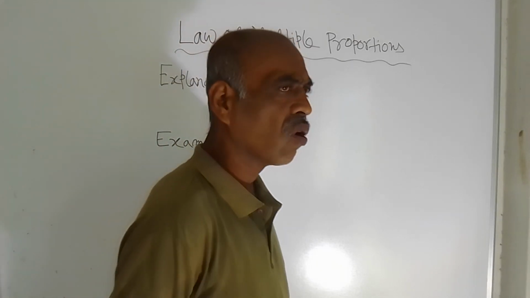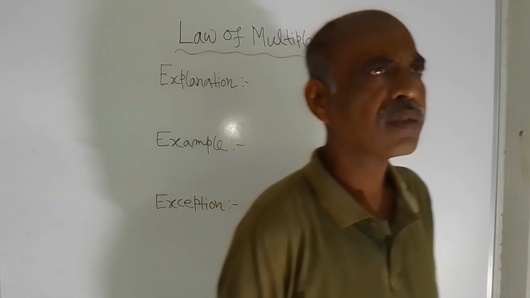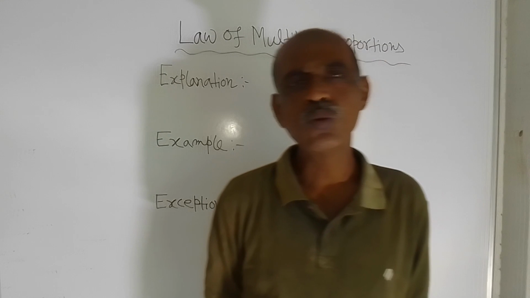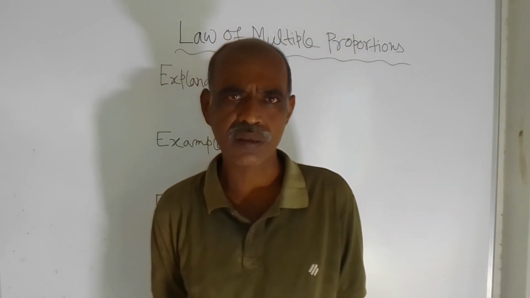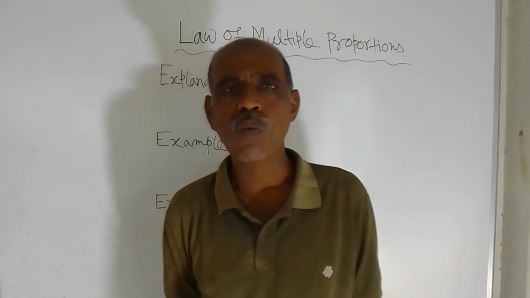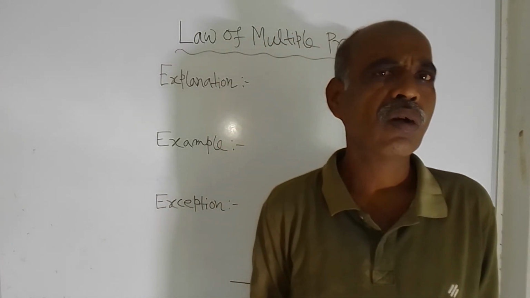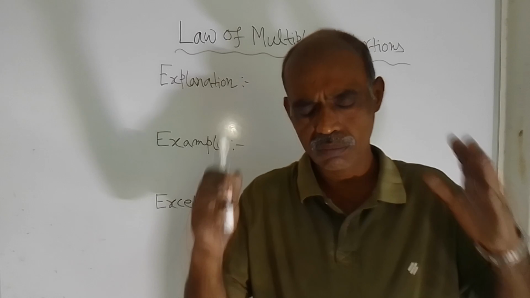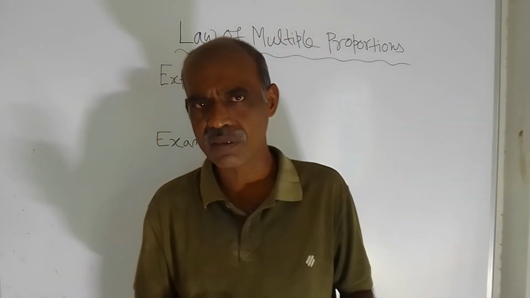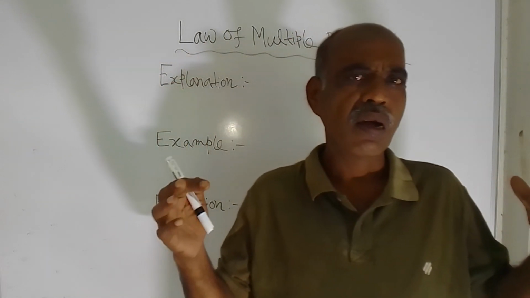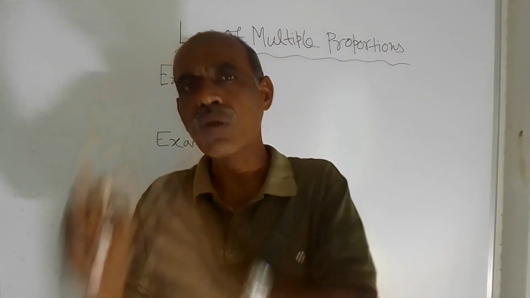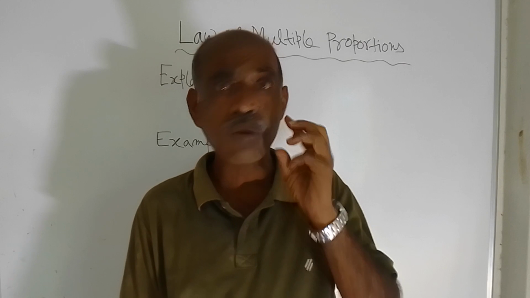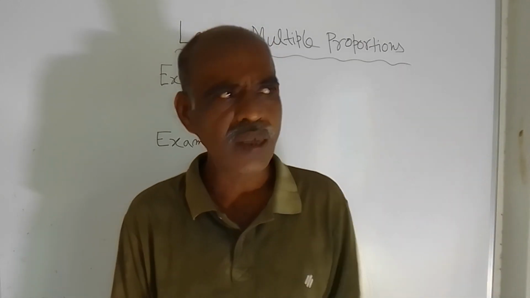So what is the law? The law is like that: if two or more elements combine together to form one compound, if two elements combine together to form two or more compounds, means more than two, okay?